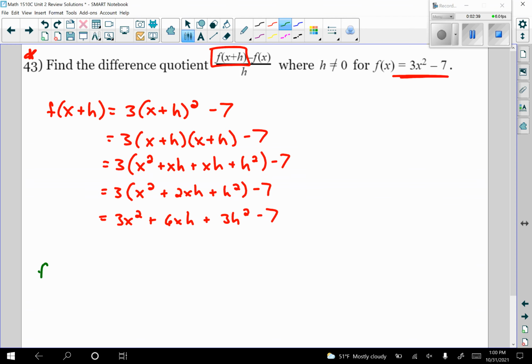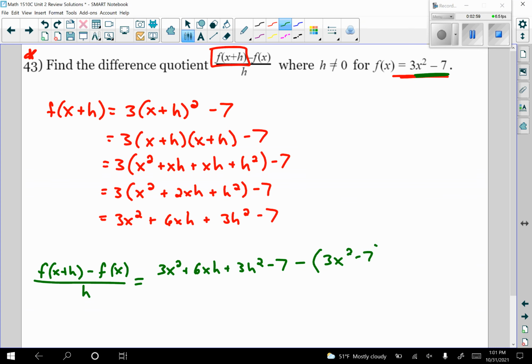So now f of x plus h minus f of x all over h becomes this whole polynomial right here, 3x squared plus 6xh plus 3h squared minus 7 minus f of x. And because it's a binomial, I'm substituting this, and now I need parentheses, all over h.